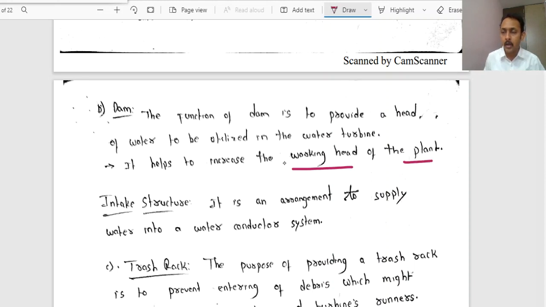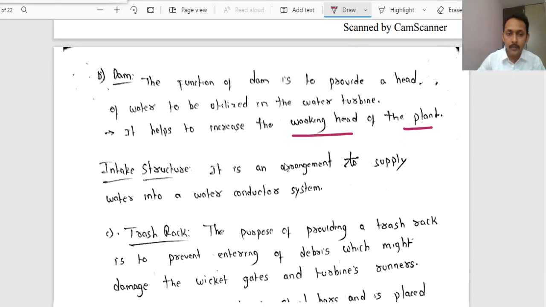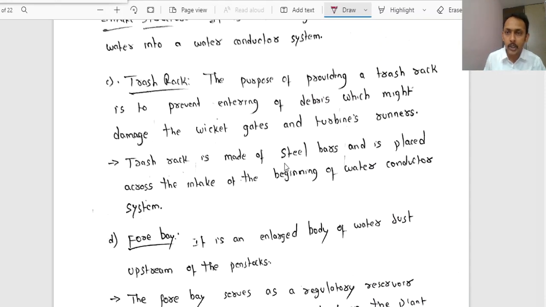Depending upon the construction, we have low head plants, medium head plants and high head plants. The purpose of the trash rack is to filter out any waste materials that could damage the dam gates or turbine runners, so those waste materials are filtered out using the trash rack.